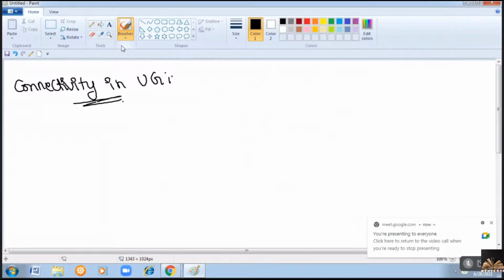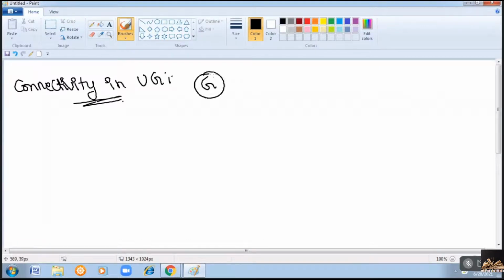Undirected graph. Connectivity in an undirected graph. An undirected graph G is said to be connected if it is possible to reach from any vertex to any other vertex in the graph, along a sequence of vertices or by using different paths.